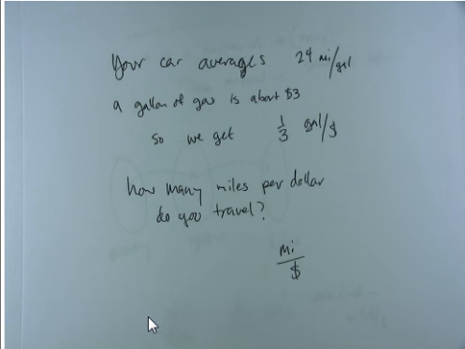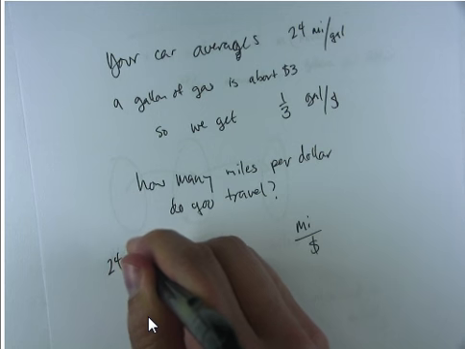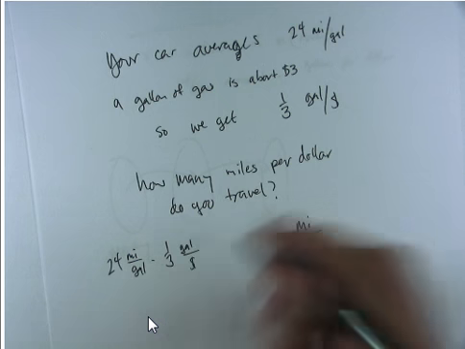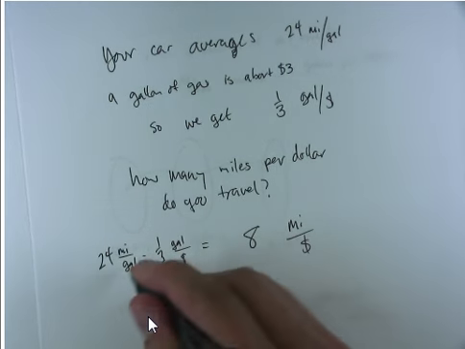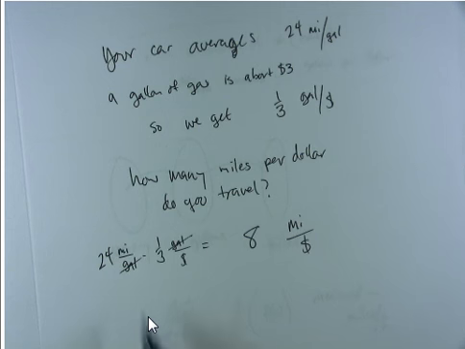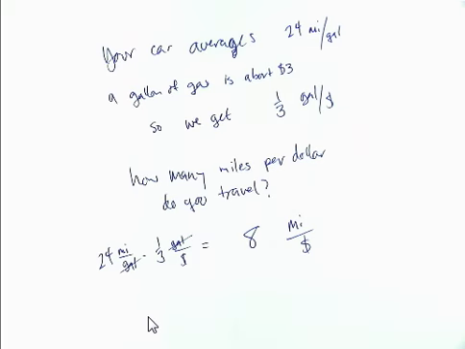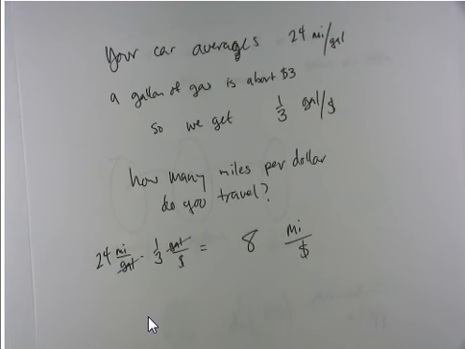Right, so we're multiplying: 24 miles per gallon times 1/3 gallon per dollar is 8 miles per dollar. Notice that gallons cancels out with gallons, and so we wind up with miles per dollar in the units. It's always a good sign that units are working out nicely.